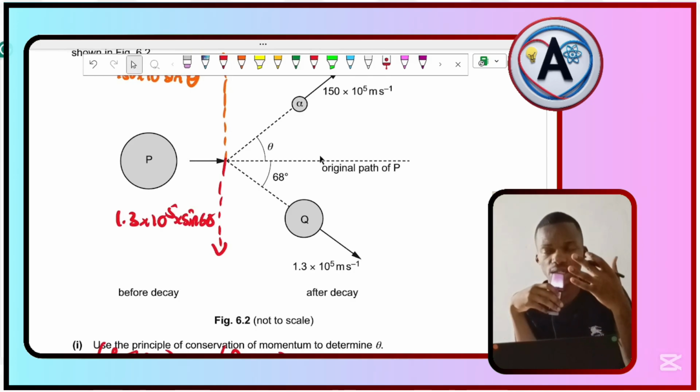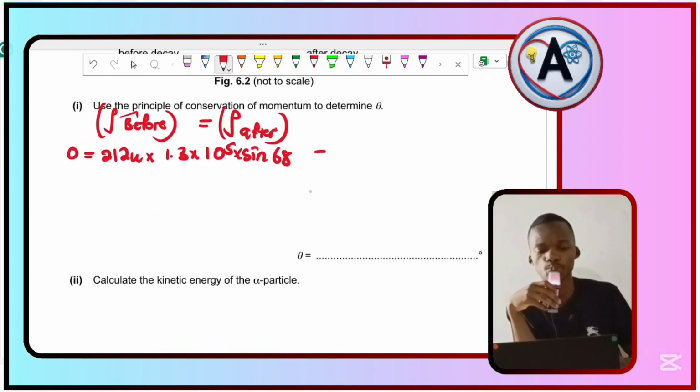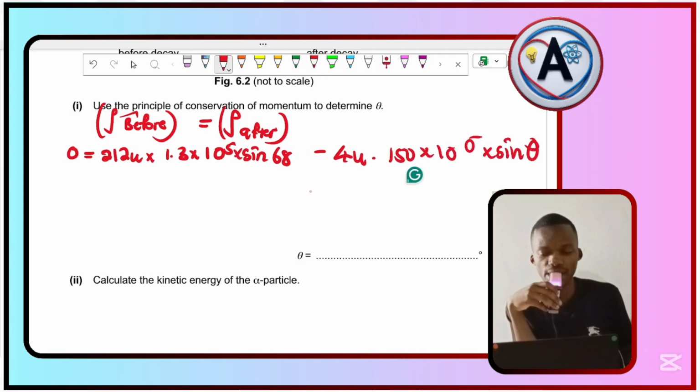The alpha particle, what's the mass of an alpha particle? It's 4 times the atomic mass unit, which is 4u. That's where you know what u is, guys, right? It's the atomic mass unit times 150 times 10 to the power of 5 times sine theta. So let's just get straight to the point because we don't have a lot of space.